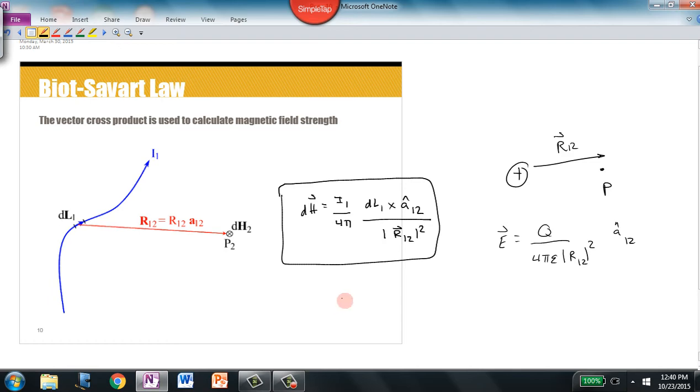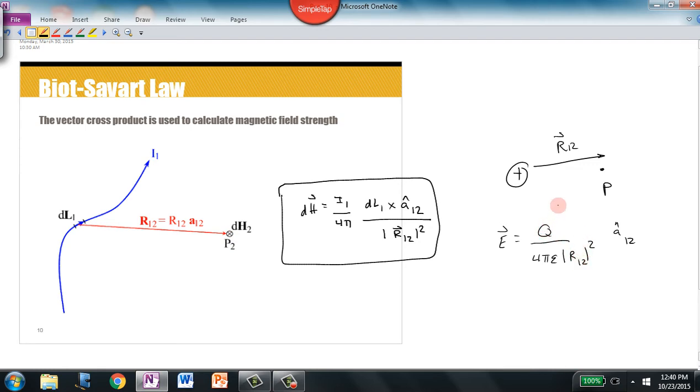And it looks very similar to Coulomb's law. We've got a constant of proportionality 4 pi. Here we had a constant of proportionality of 4 pi epsilon. We also see that magnetic field strength drops off as the square of the radial separation between the element generating the current and the magnetic field strength, which was the same as we saw here.